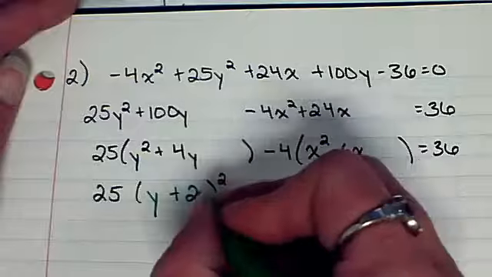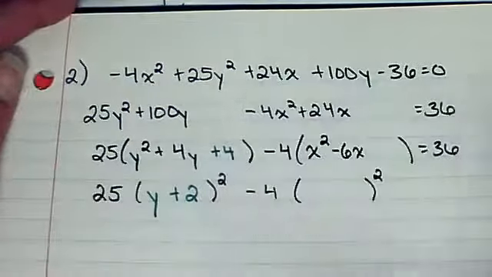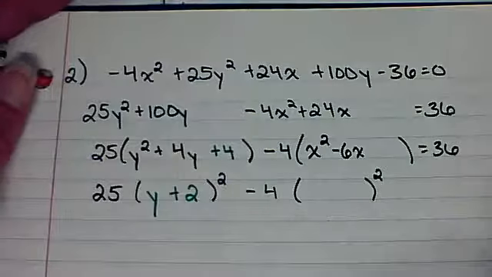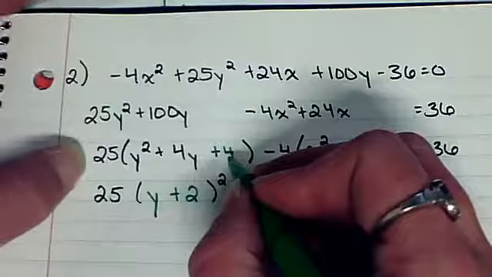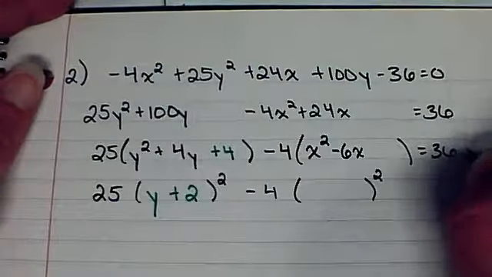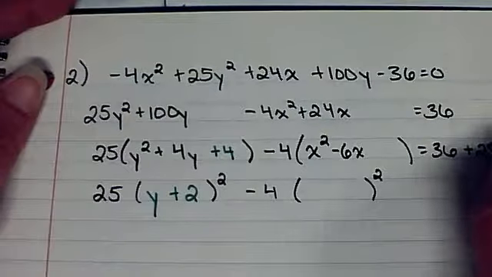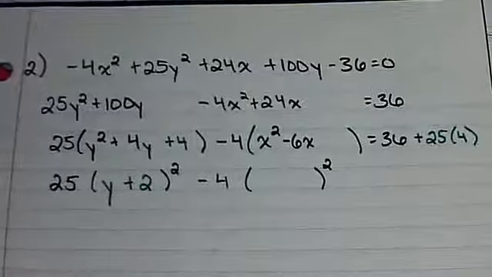What's missing is that number squared, so that's going to be a plus 4. You have to be very careful when I add it to the right side, because it's really not just a 4. If we look at the 25 is on the outside of the parentheses, so I'm really needing to add 25 times 4. Let me scoot over.